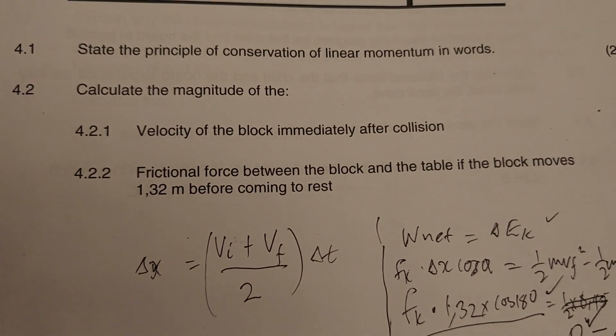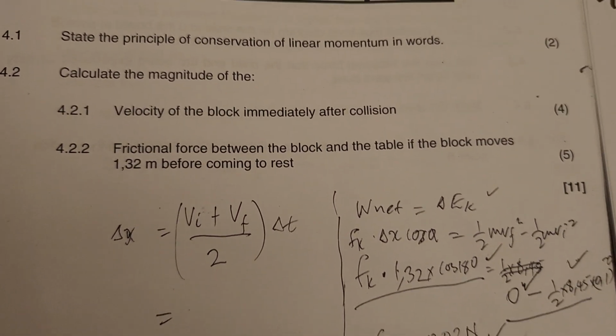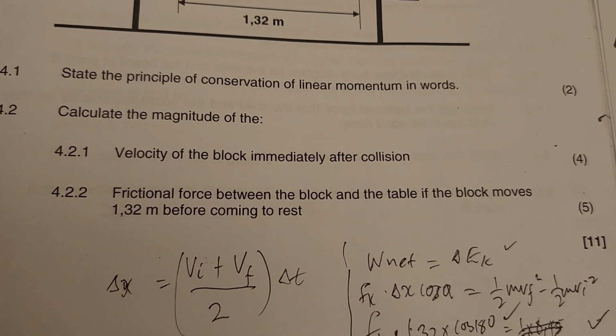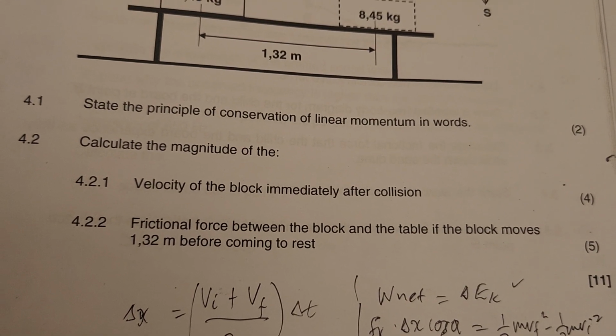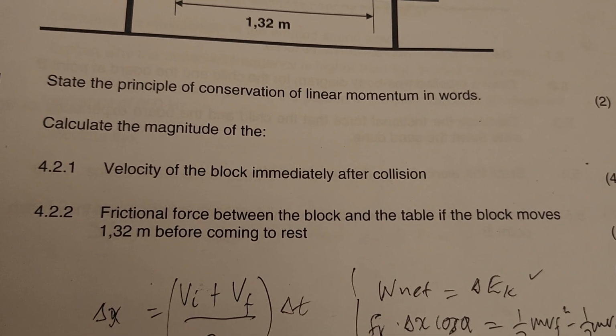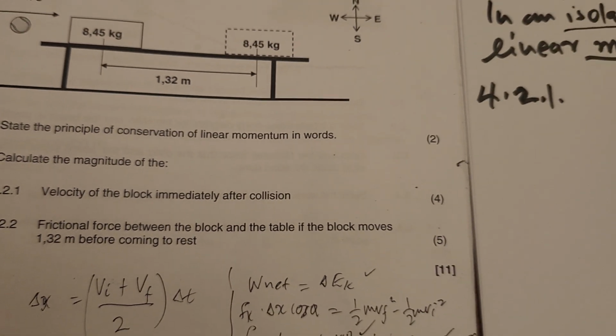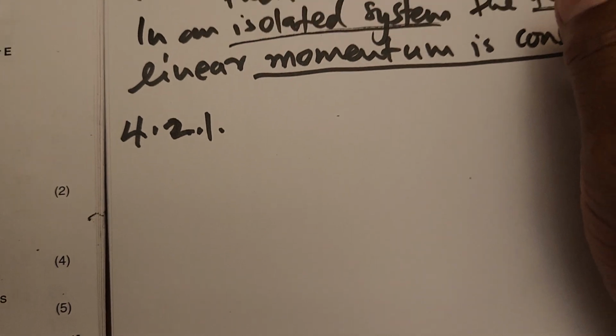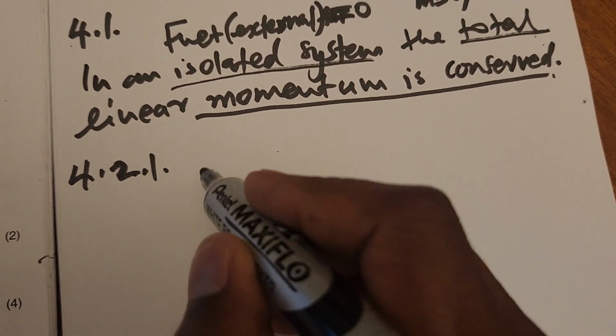Now 4.2.1, they are saying to us, calculate the magnitude of the velocity of the block immediately after collision. Now we can use the principle of conservation of momentum, because we stated it here.